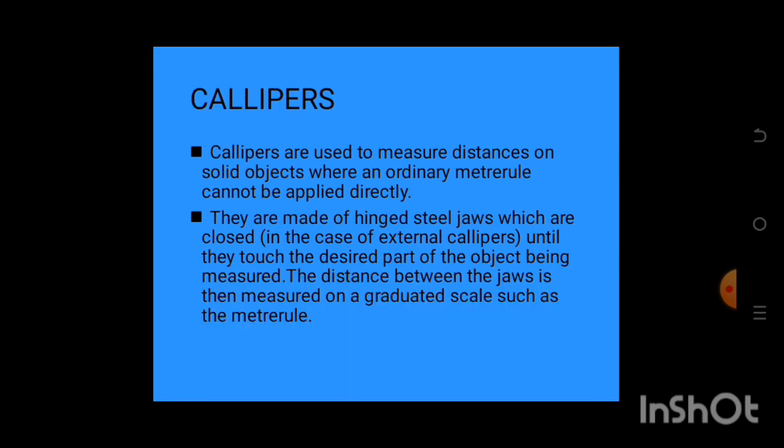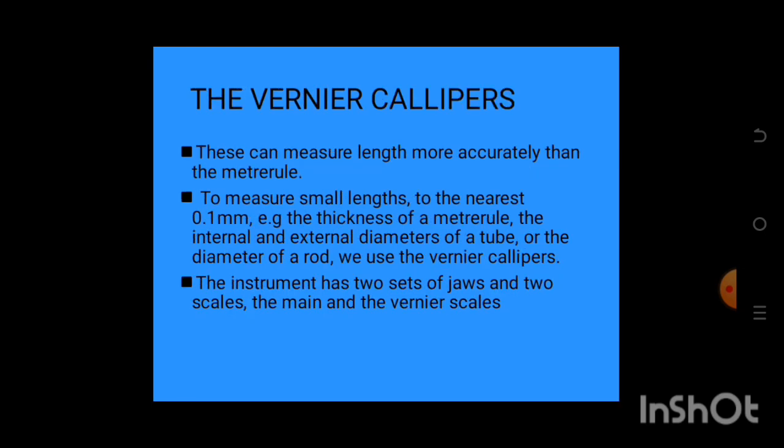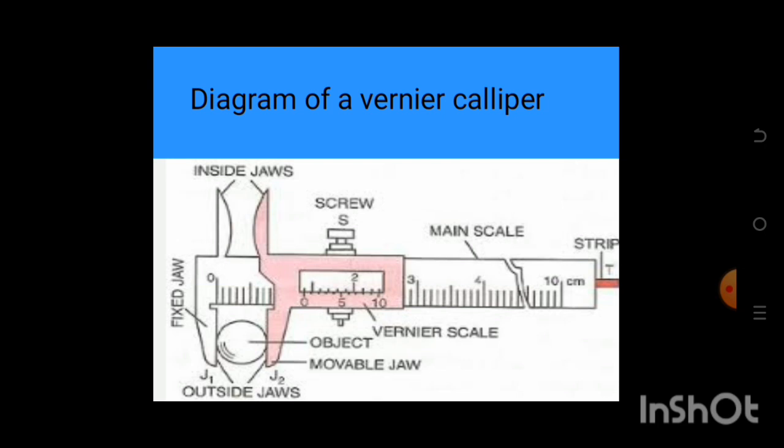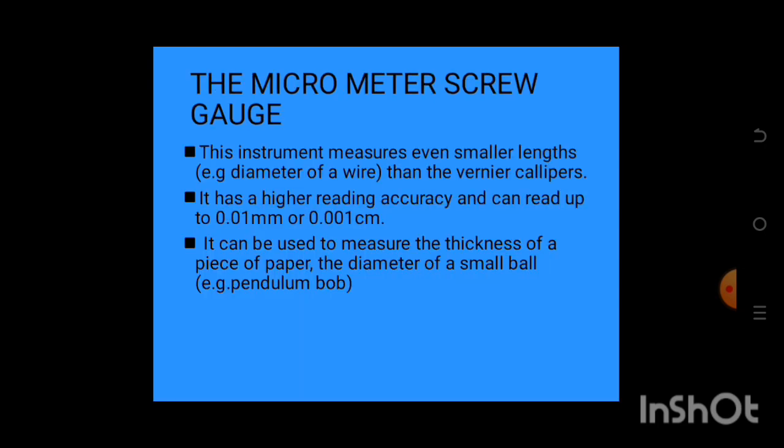A vernier caliper will measure to 0.1 millimeter, while the micrometer screw gauge will measure to 0.01 millimeter. So it can be used to measure the diameter of a small ball or the thickness of a paper.